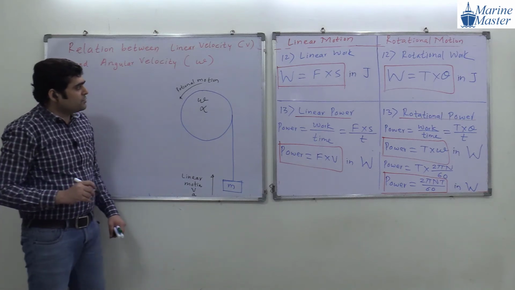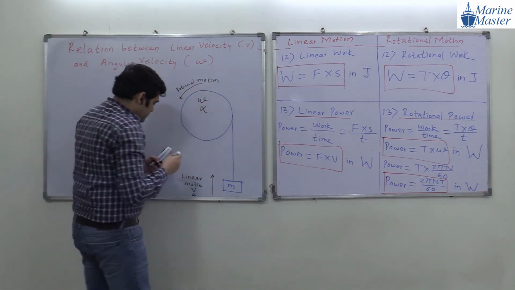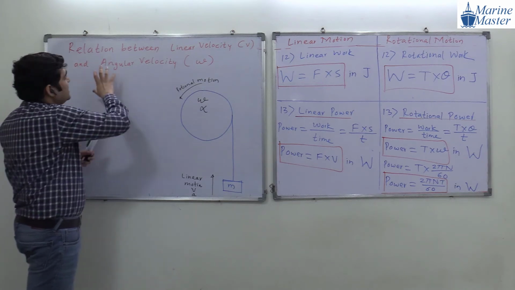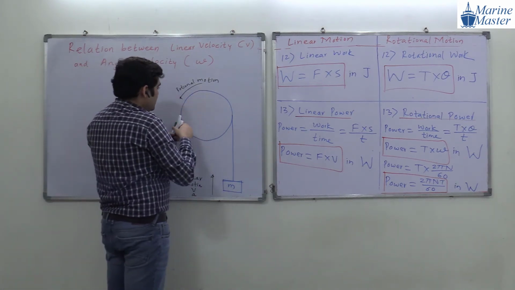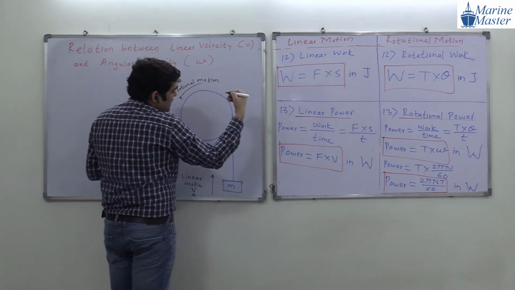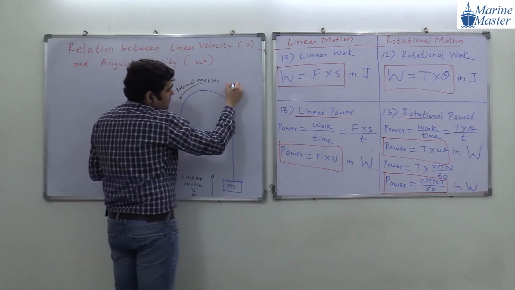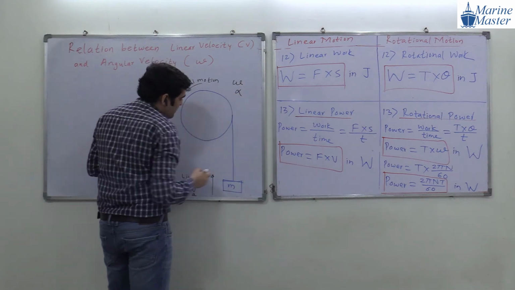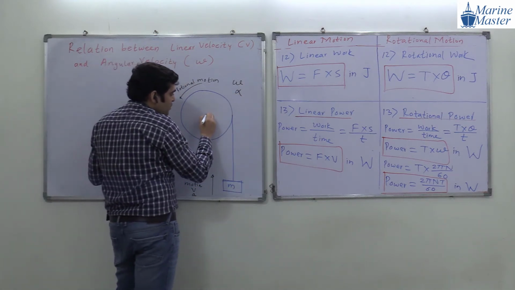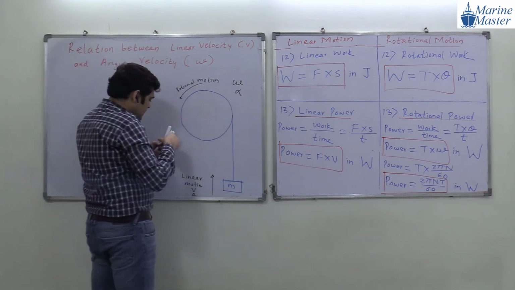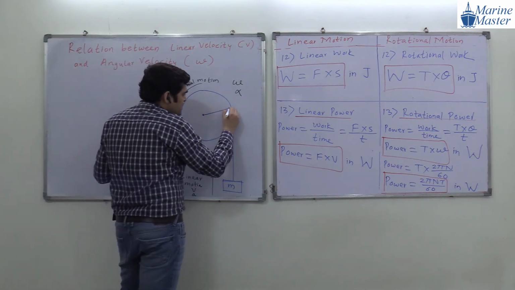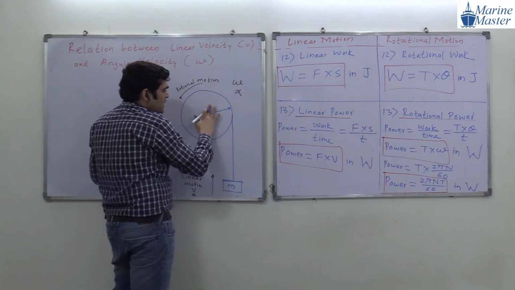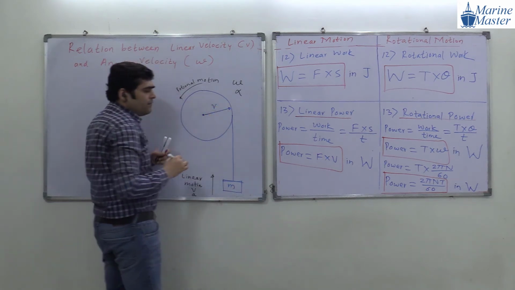Now try to see the scenario here, the relation between linear velocity and angular velocity. Suppose this disc or pulley has a radius R. Everyone getting my point?